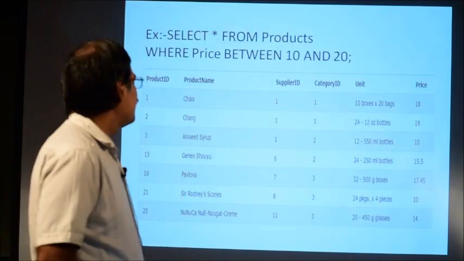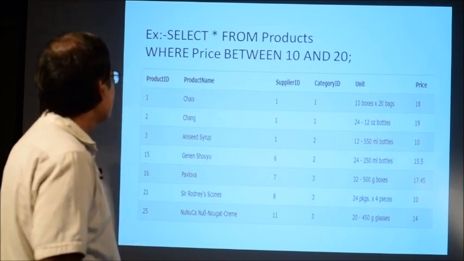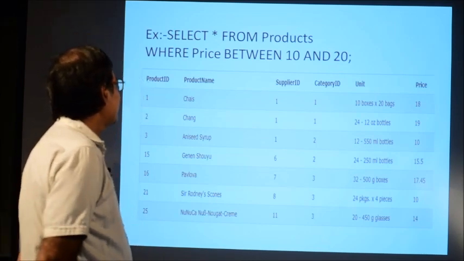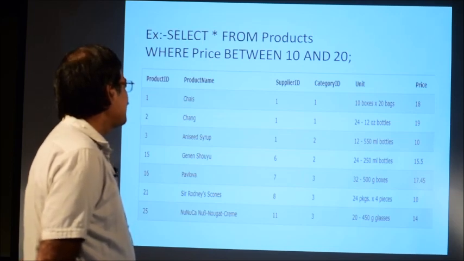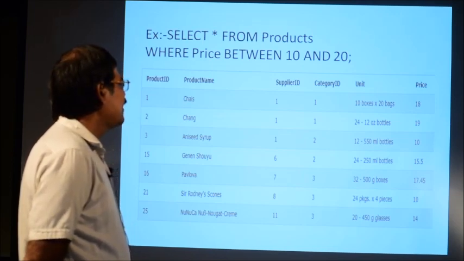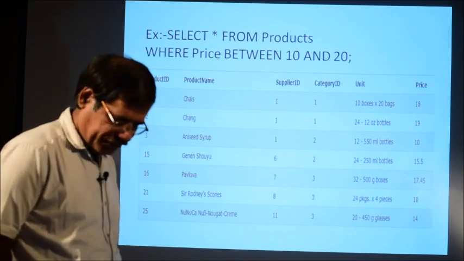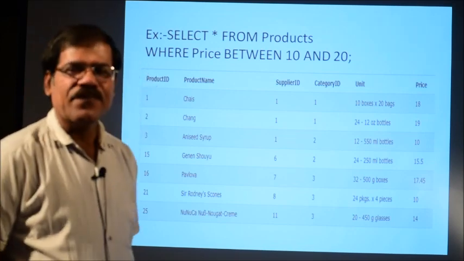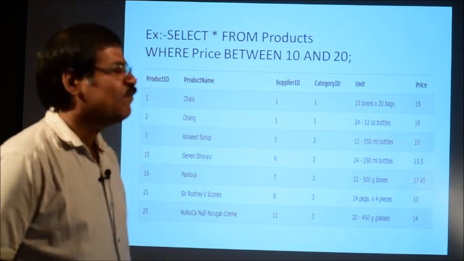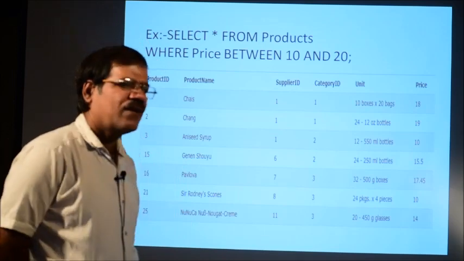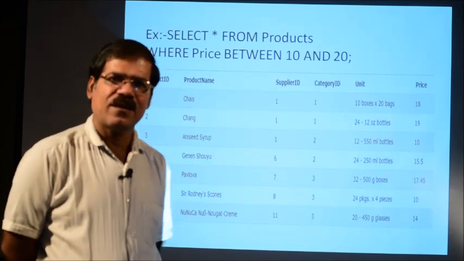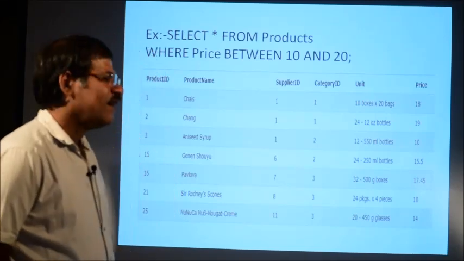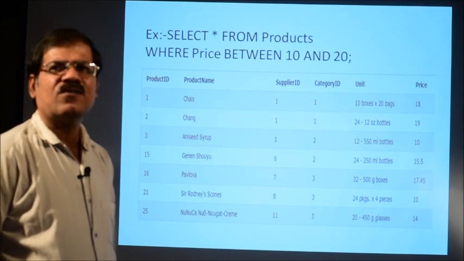A very simple example: select star from products where price between 10 and 20. The products table is already there. We already created the product table. The product table has a number of records, not necessarily 10 records; it may be 100 or 2,000 records.